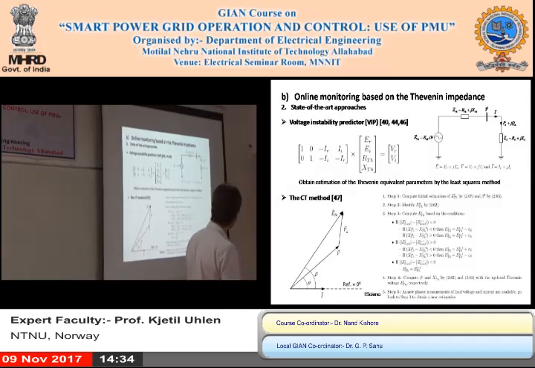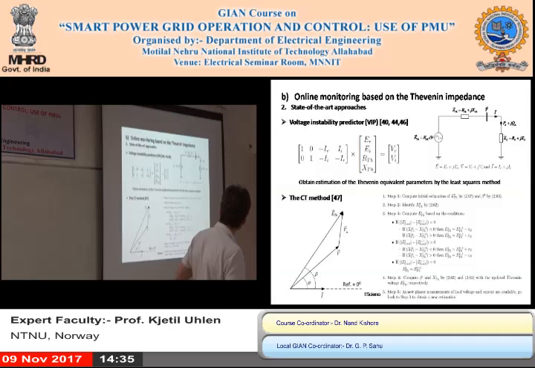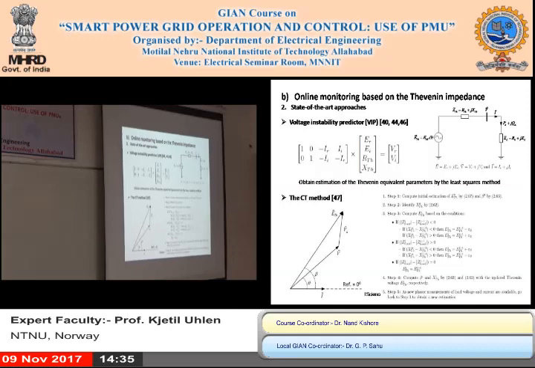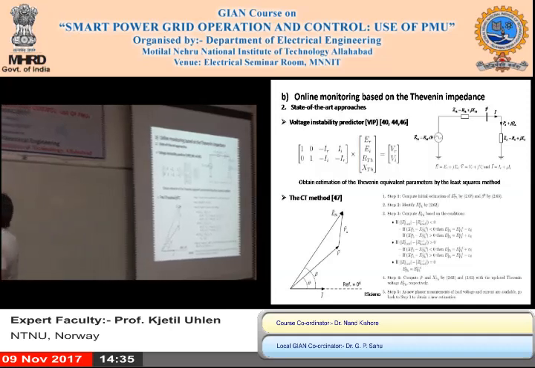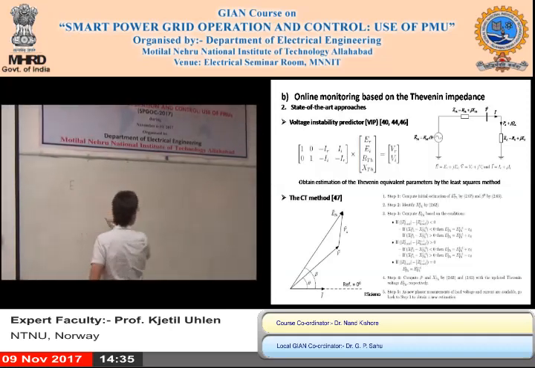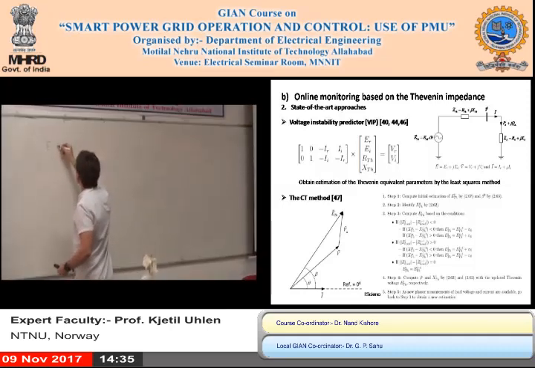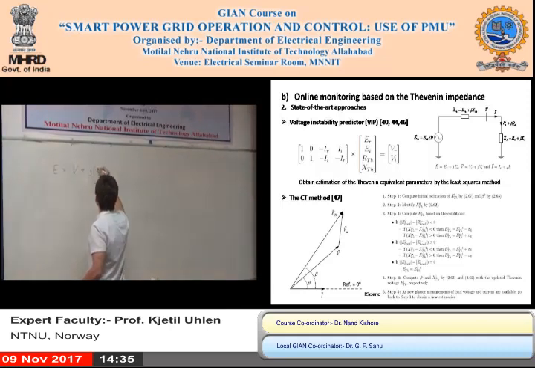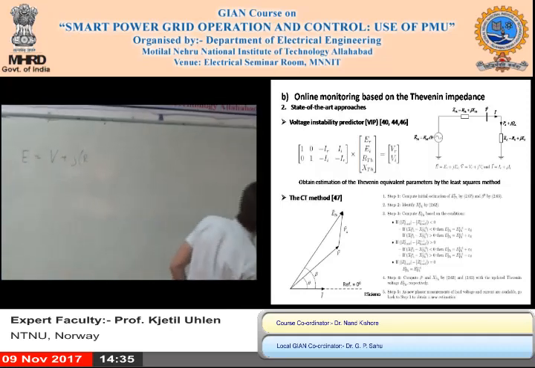assuming that the network impedance stays somehow constant during the period of successive measurements, one could just set up a model for the current and voltage in this circuit, simply E equals V plus J R, or what is it called?